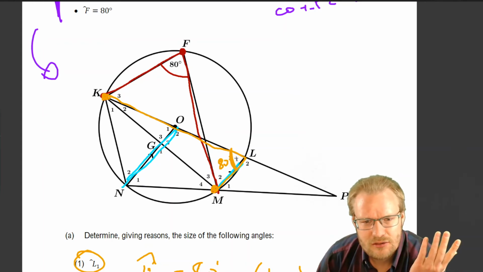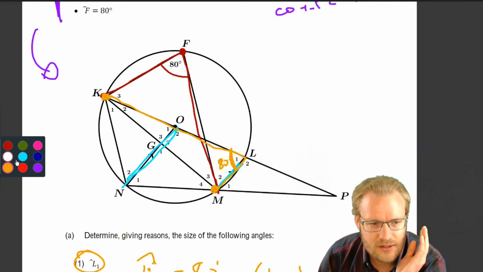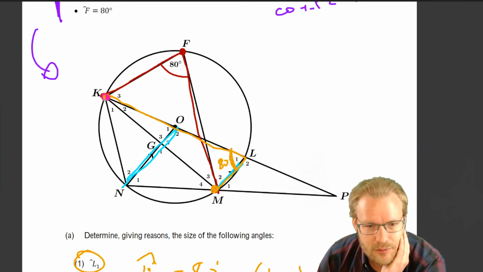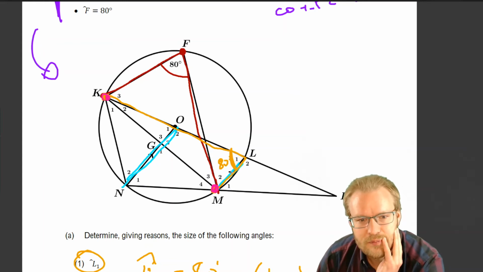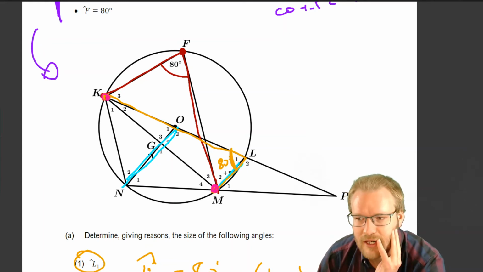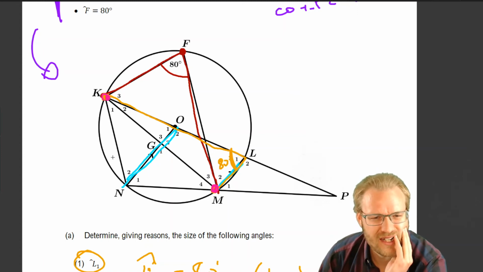Let's start. We said cyclic quads could be helpful. We said this other little strategy of going, well, there are two points. Can we create any other points that might be useful? No, I don't see anything there. That's what we've just done. We could get that whole angle as 80.